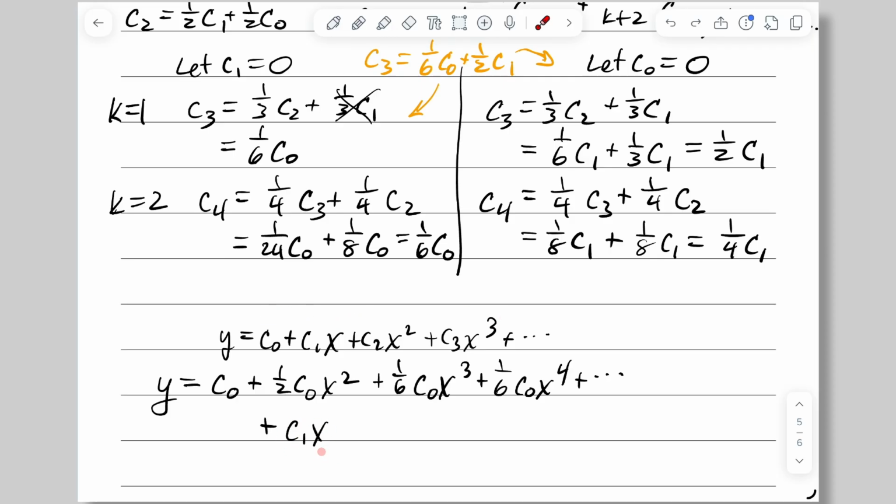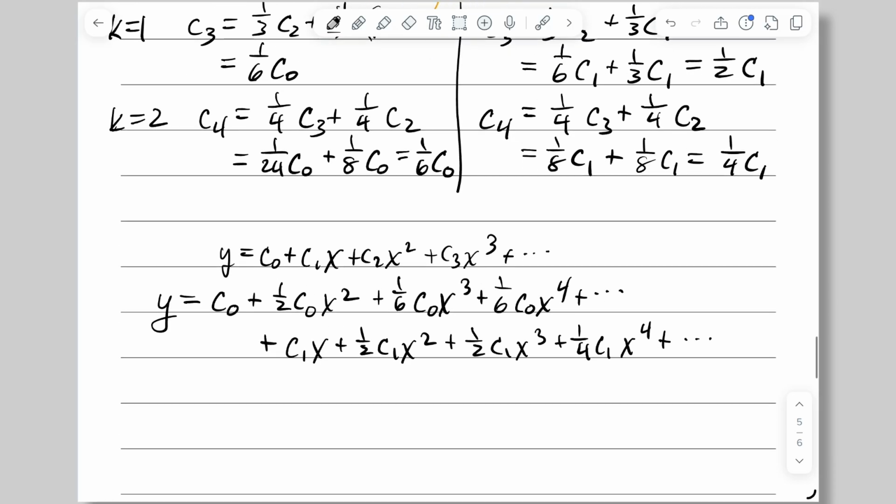So we have our c1x. And then for c2, we have 1/2 c1x squared, right? Because we're letting c naught equal 0. C1 is present. And for c3, we're looking at 1/2 c1x cubed. And for c4, we've got 1/4 c1x to the 4th. Of course, plus dot dot dot.